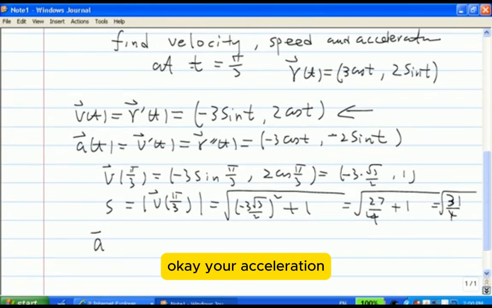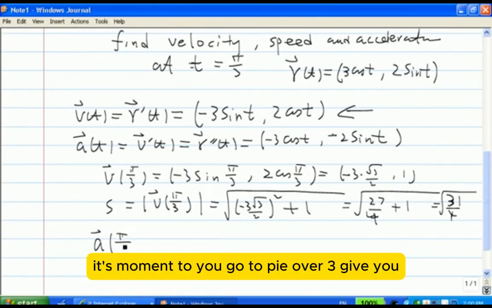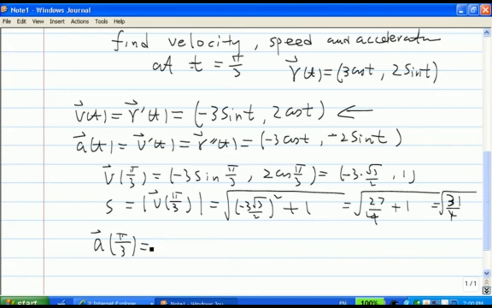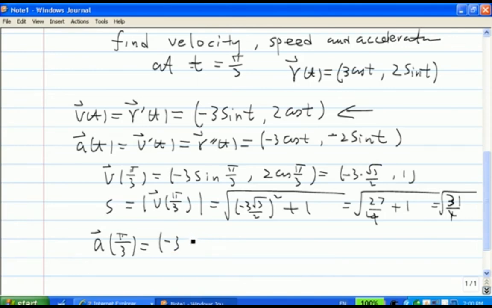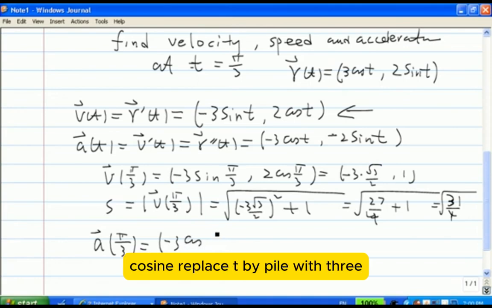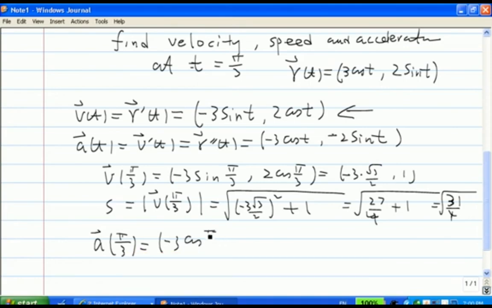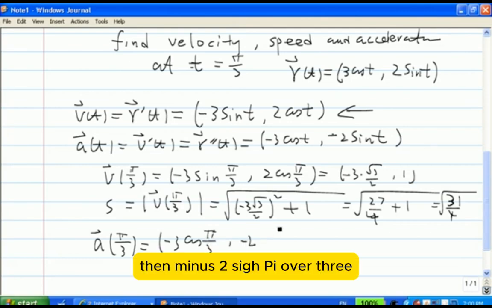Your acceleration at the moment t equal to pi over 3 gives you minus 3 times cosine, replacing t by pi over 3, then minus 2 sine pi over 3.